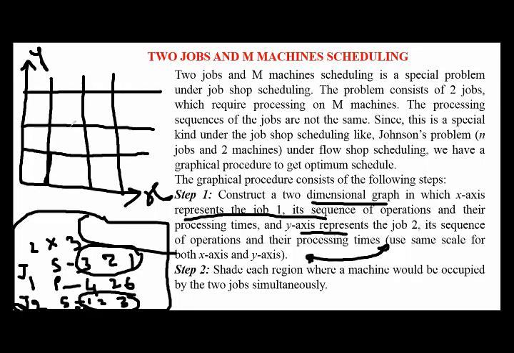After drawing these plots, we are going to construct or identify a block. For each job we have one block. For example, suppose this is block B, this is block A, and this is block C. Likewise, we are going to shade this area.